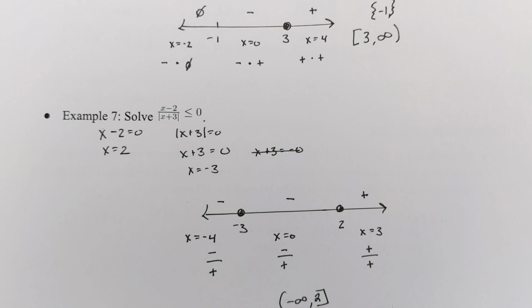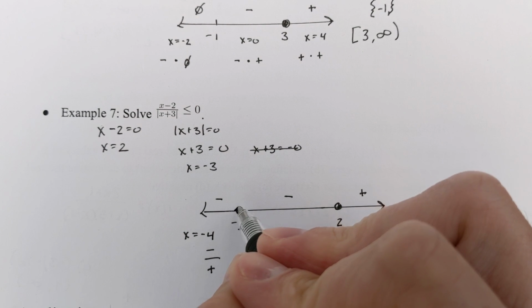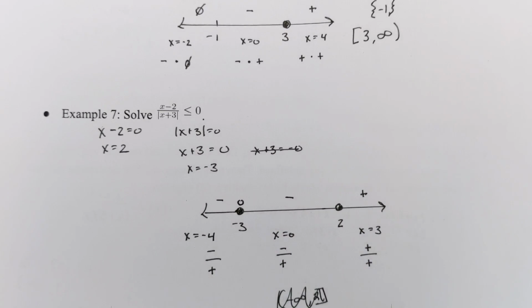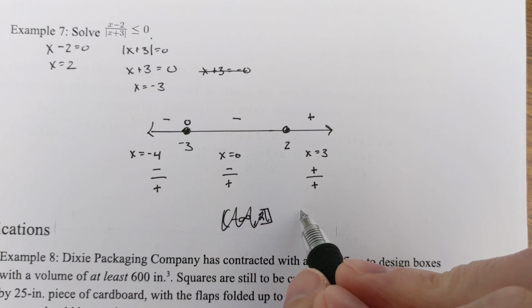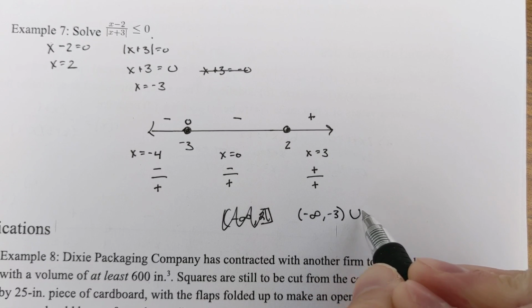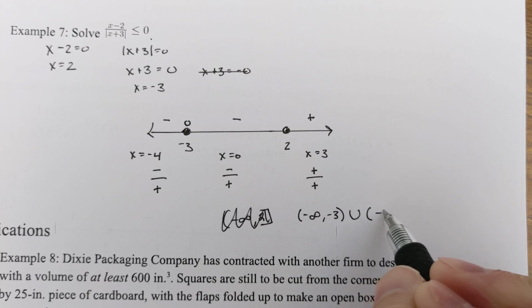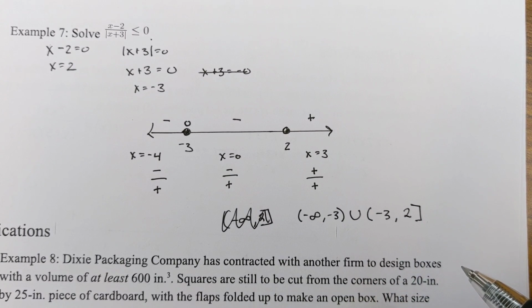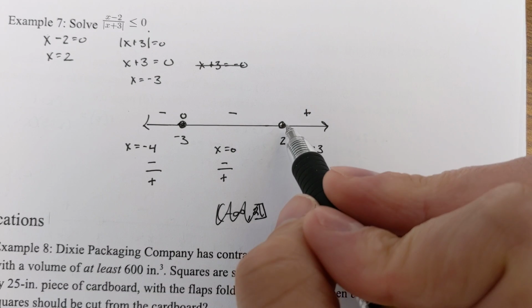I lied. Oops, that's an undefined, so I can't do that. I can't bridge them. So I have to break it into 2 pieces. From -infinity up to -3, and then picking up again from -3 to 2, I can get a bracket because it's actually a solution.